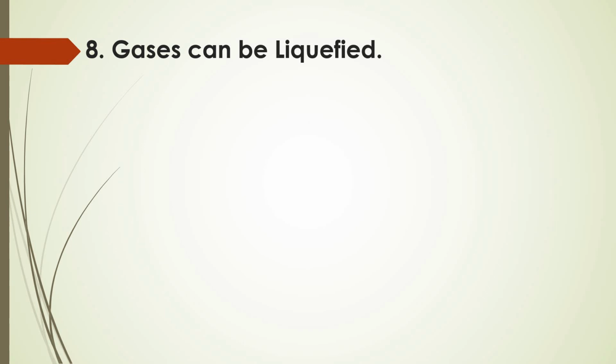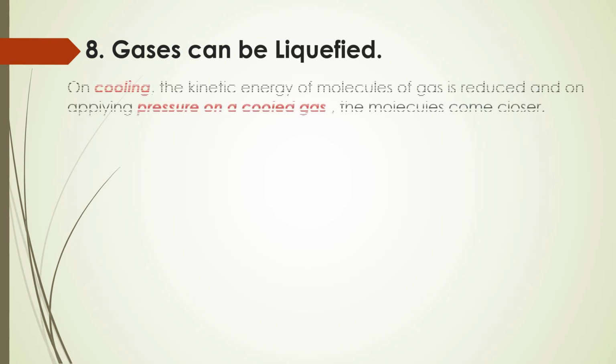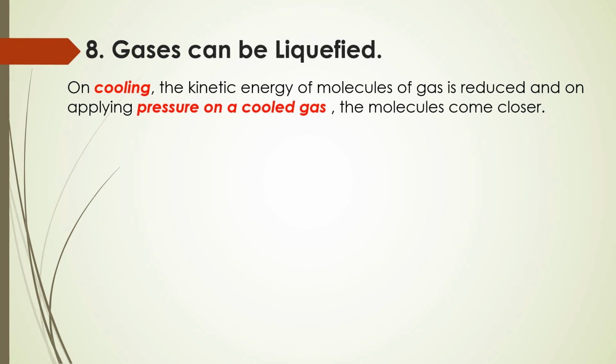Gases can also be liquefied. Liquefied means gases can be converted back to liquids. On cooling, the kinetic energy of the gas molecules gets reduced, and on applying pressure to this cooled gas having less energy, the molecules come closer to each other.